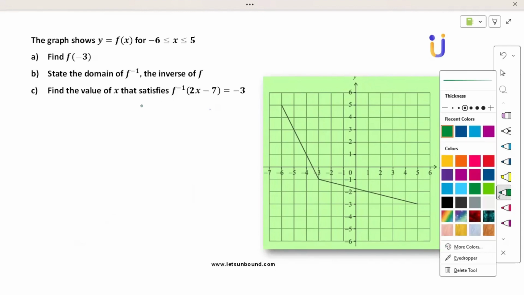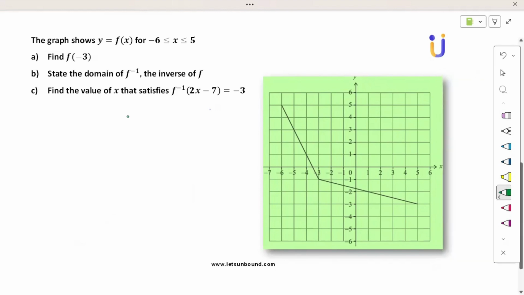The graph shows y equal to f of x. This function-based question will test your graphical knowledge and also the basic algebraic manipulation techniques that you should know.